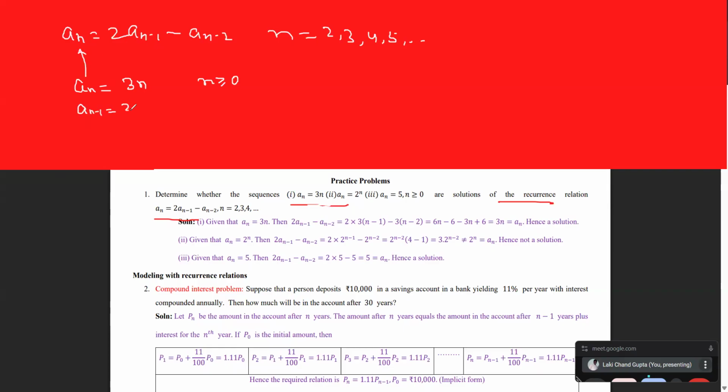Find also a n minus 1, and find also a n minus 2, right? Only a n was given, but you find what? A n minus 1 or n minus 2, right? Because if you are not finding, then you cannot put it here.